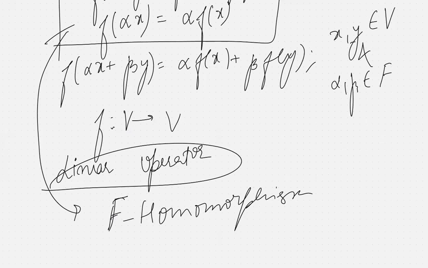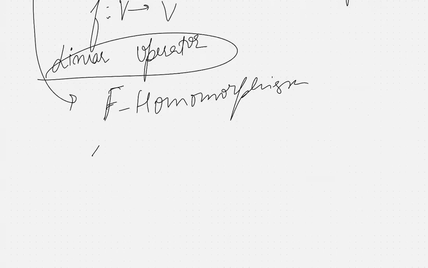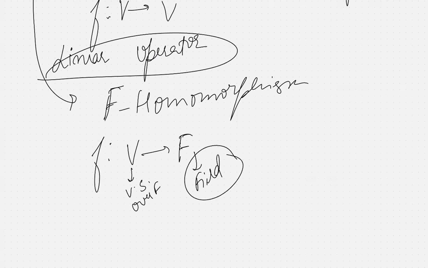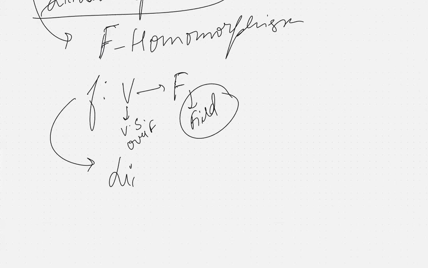One more definition: if the function f is defined from V to F, that means V is the vector space over F and F is the field itself, then this type of linear transformation is called a linear functional. We'll be doing this in detail at the end.